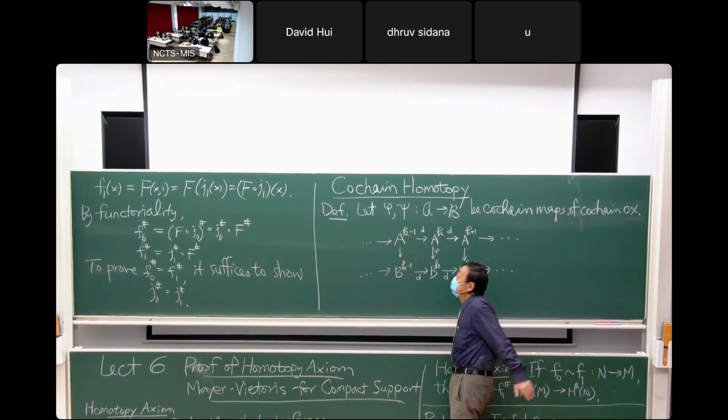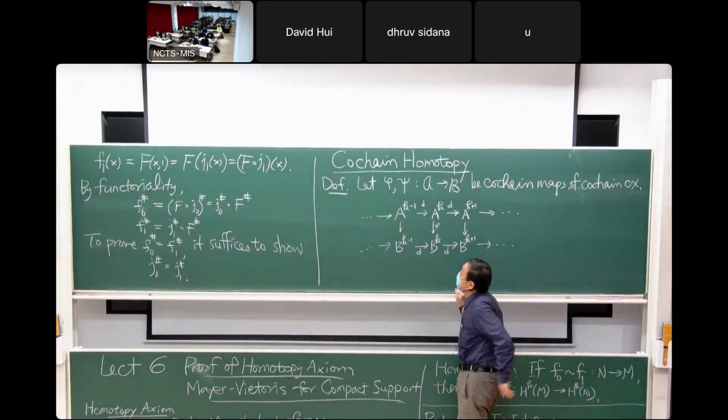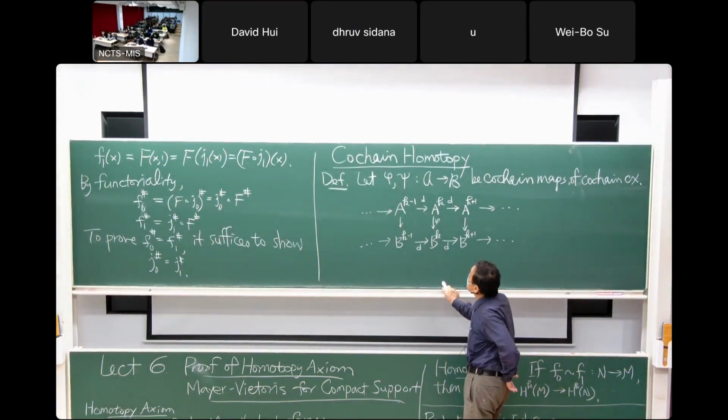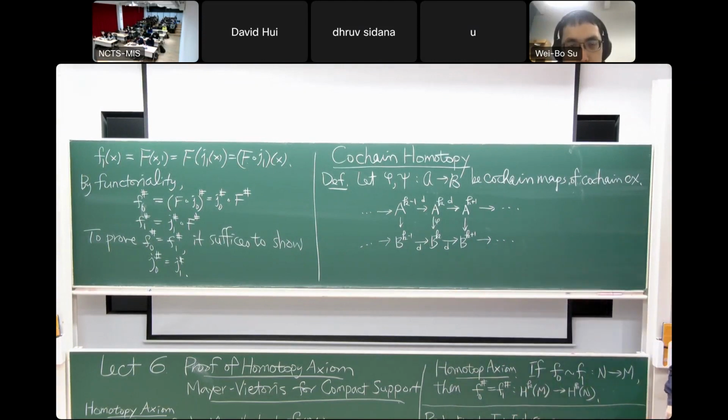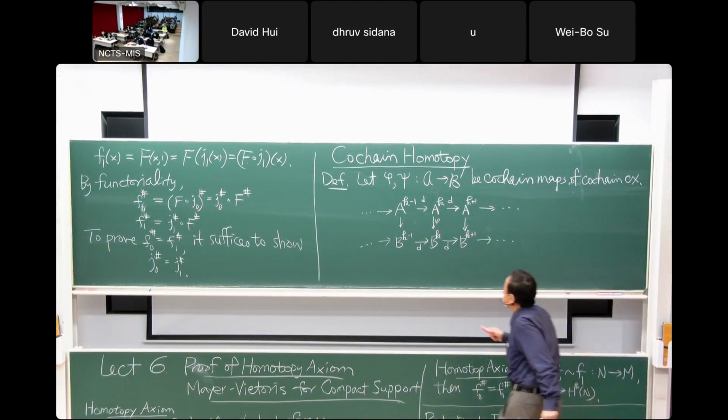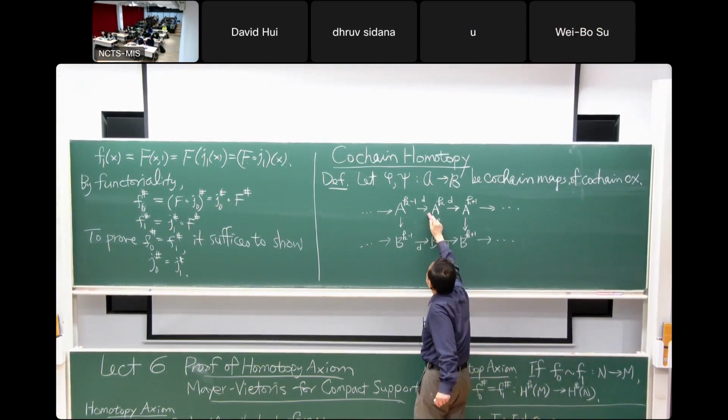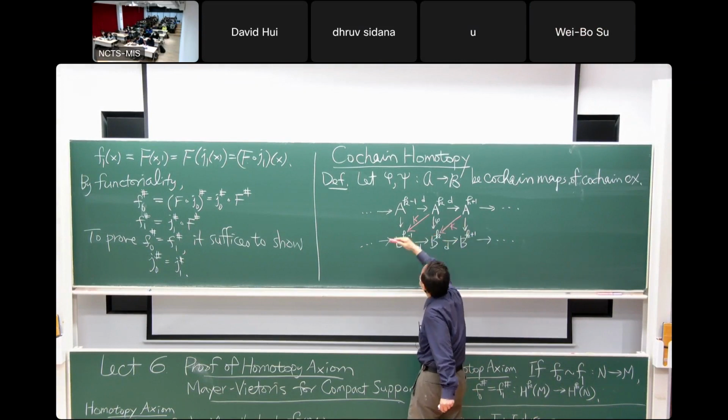The diagram is commutative. And a co-chain homotopy is a linear map that decreases the degree by 1. So a co-chain homotopy goes this way, one for each K.